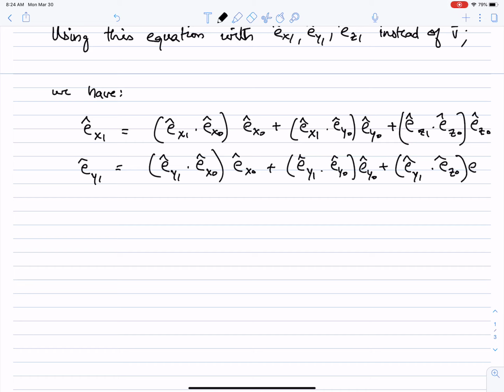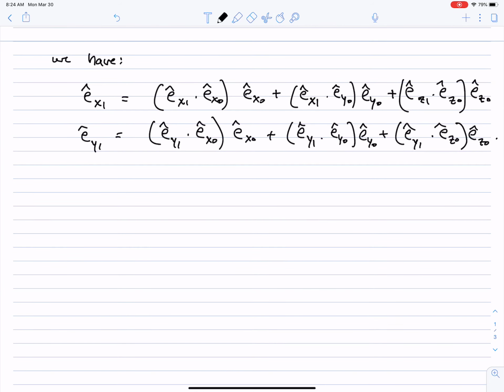Really, this is how I should have written this: EZ1 equals something times EX naught plus something times EY naught plus something times EZ naught.